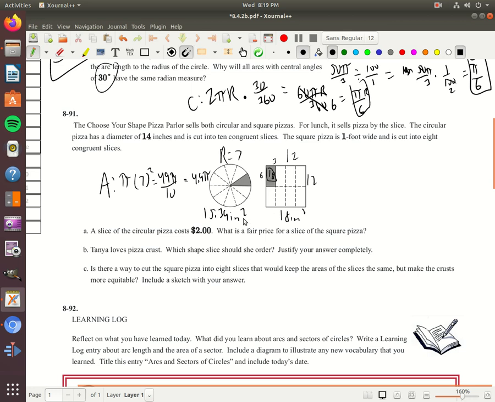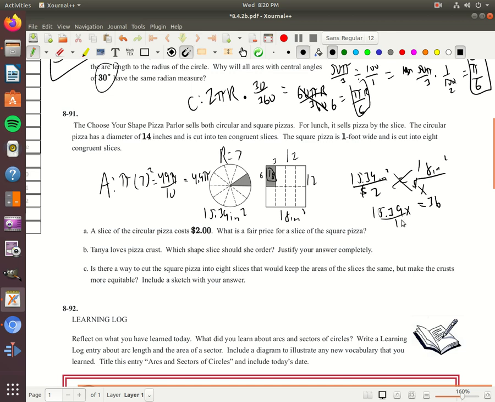So we're saying if 15.39 inches squared is worth $2, how much is 18 inches squared worth? Well, I can cross multiply and get 15.39x equals 36.